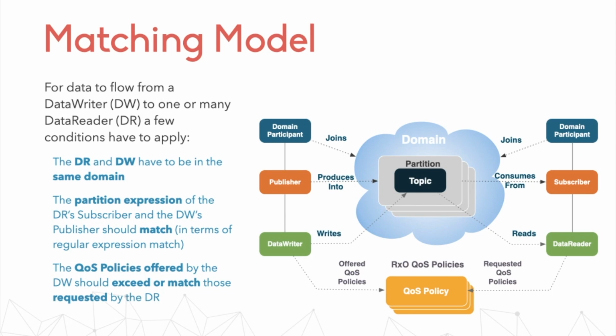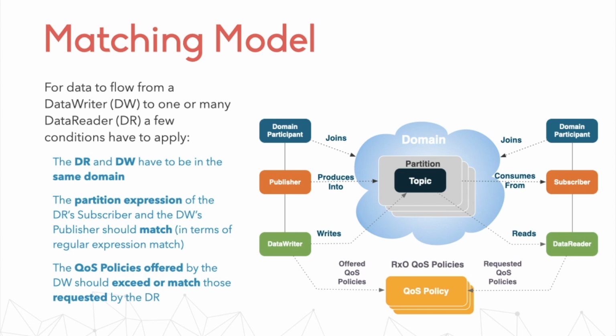So what is the matching model that DDS provides you? Well, in order for a data reader and a data writer to exchange data, as we say often in DDS jargon, they have to match. So what does it mean? Well, it means, first of all, they need to be in the same domain, which means that the domain participant that owns this data reader and data writer has to be associated with the same domain.